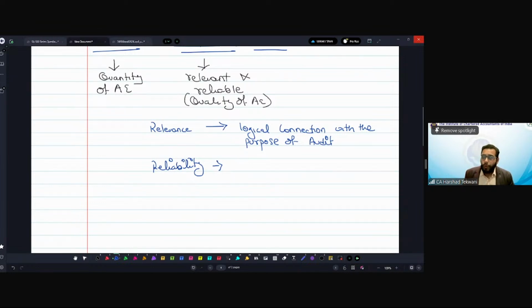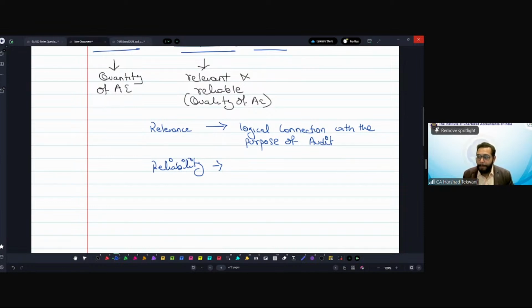Yes. So the source of audit evidence, the way it has been obtained, decides the reliability of that particular audit evidence. If the audit evidence itself is influenced by a source, its nature, and the circumstances in which it is obtained, in such a case it has very little reliability because it has been influenced by the source.